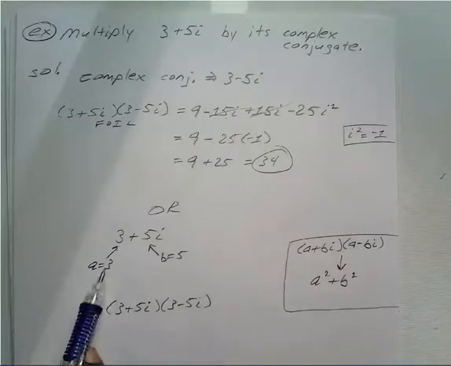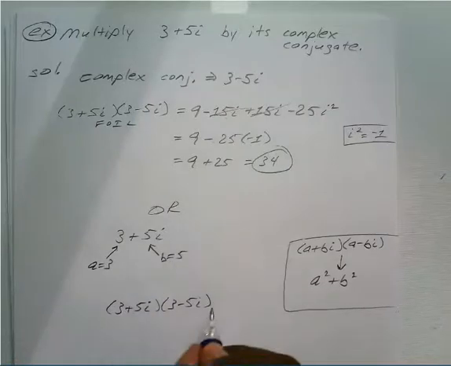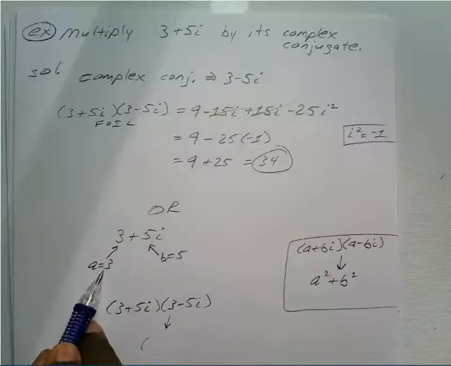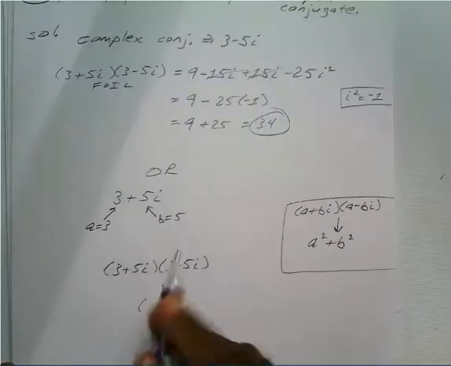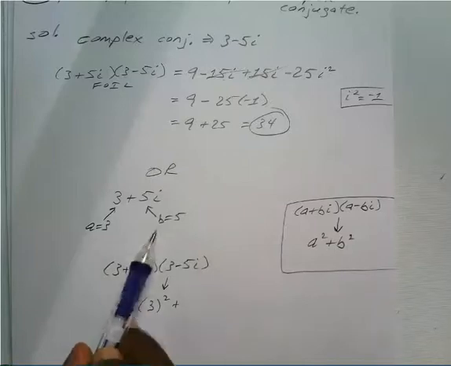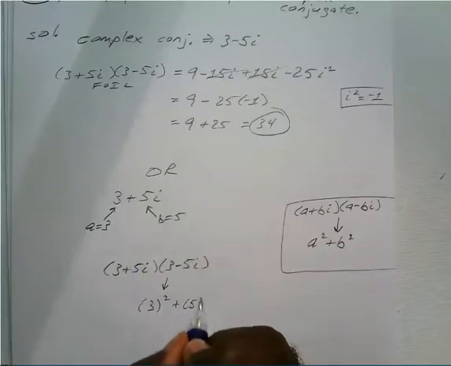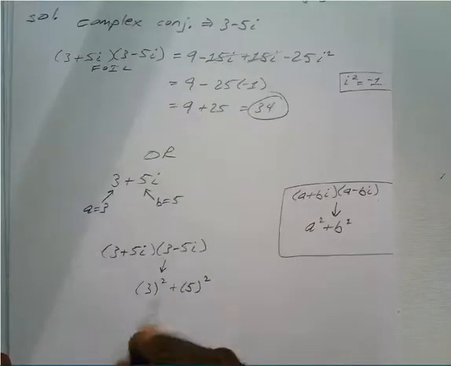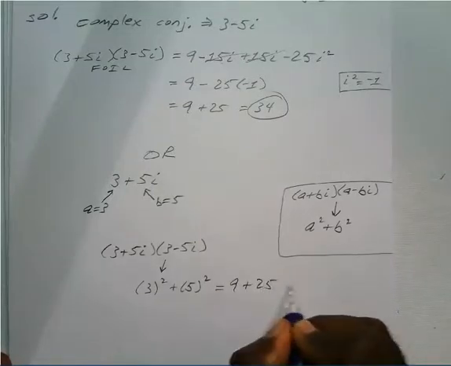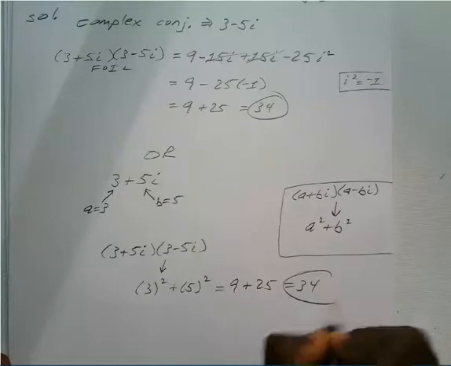So we have 3 squared plus 5 squared, which gives us 9 plus 25, which gives us 34.